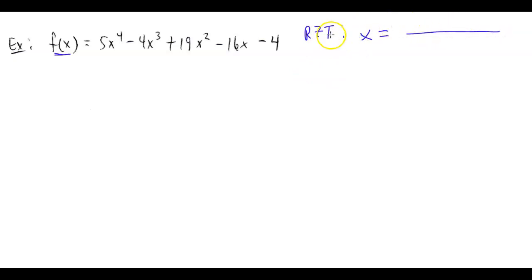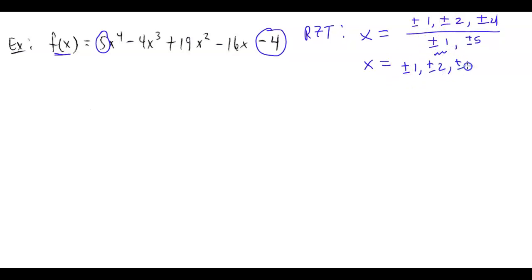Here, we'll look at all the factors of the last term, which are ±1, ±2, ±4, and then all the factors of the leading term, which are ±1 and ±5. From here, dividing everything by 1 will give us ±1, ±2, ±4.